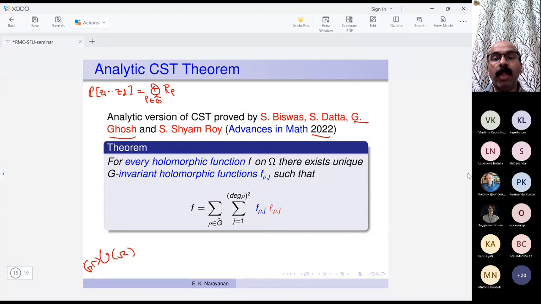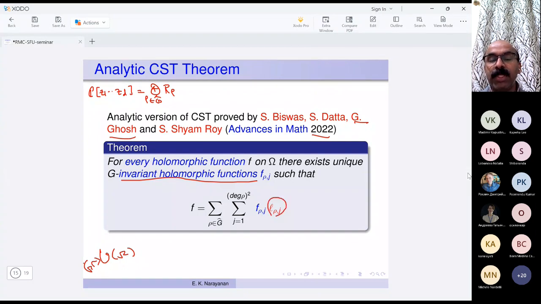So for every holomorphic function f on omega, there exist unique G-invariant holomorphic functions f_rho,j such that f can be expanded in terms of L_rho,j.